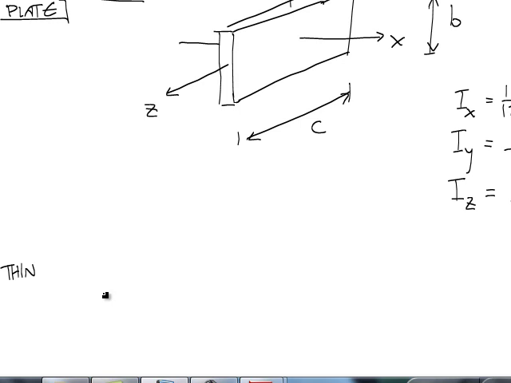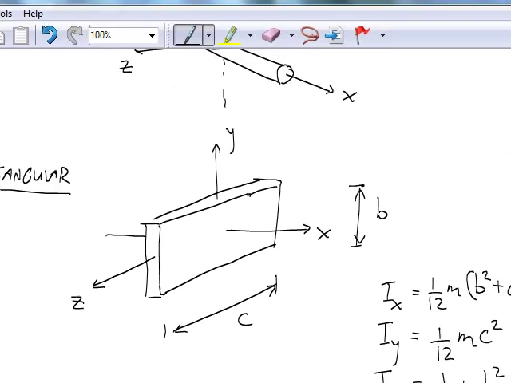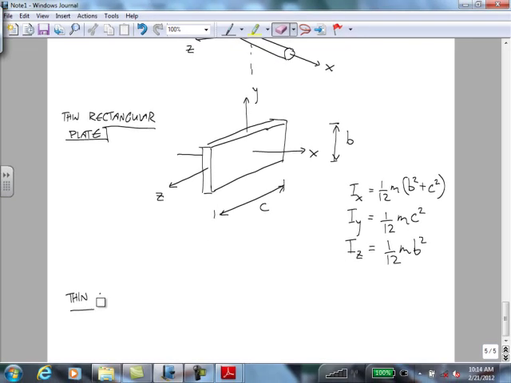I don't have that formula here. I better get that for you. So the one that we just calculated is a disk rotated about this axis.